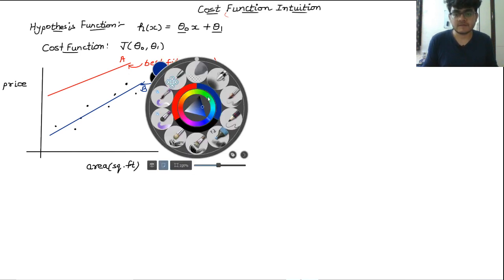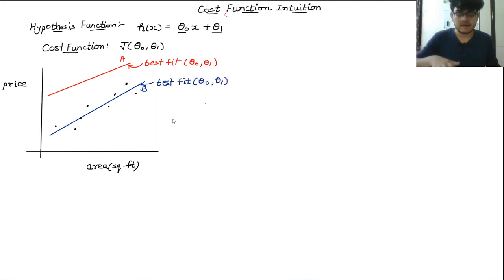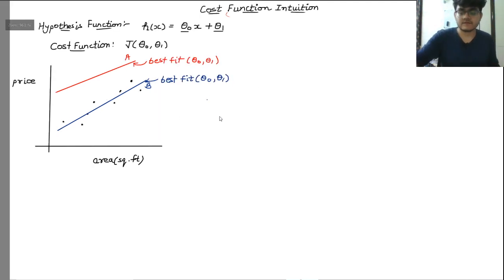But what will happen if there is another person who claims that this line, which is in green color, is the best fit? Let's say this is by C. Now this person claims this is the best fit with some chosen values of theta 0 and theta 1.